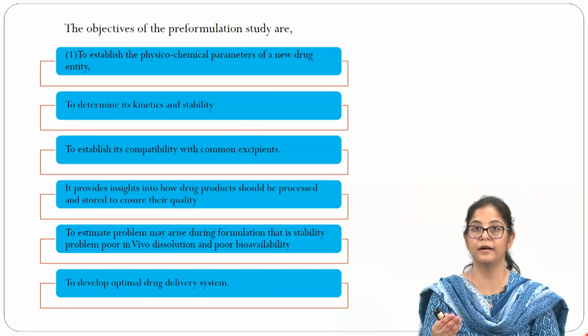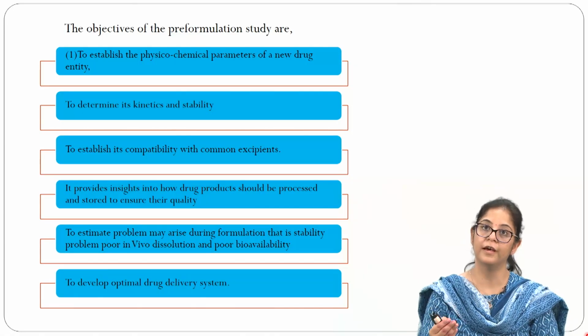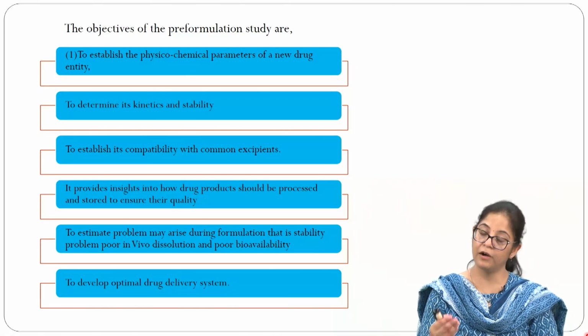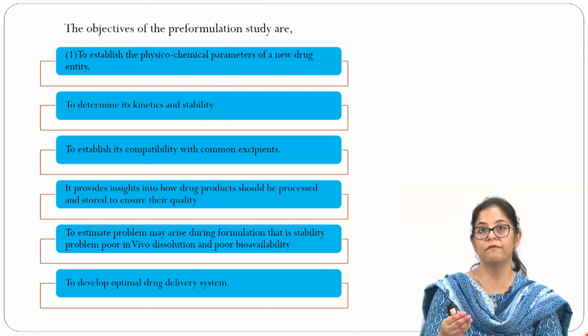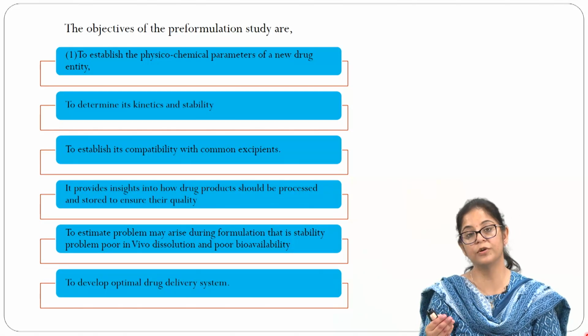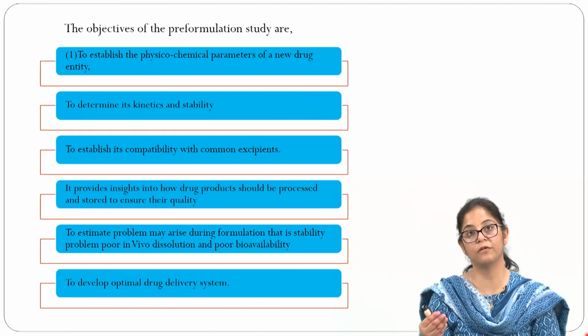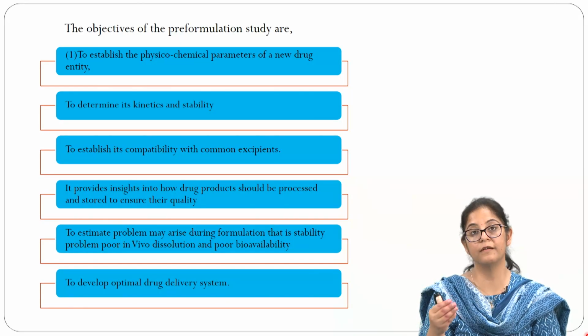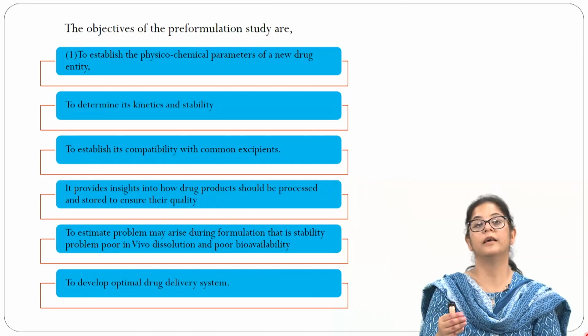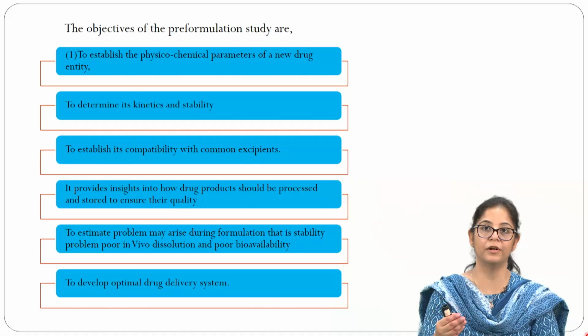That idea evolves when we go for these characterization studies. Also, if it is thermosensitive, what is the proper storage condition which should be proposed for the drug, so that the ingredients as well as the drug are stable and bioavailable, and do not cause any side effects in the patients who are taking them.